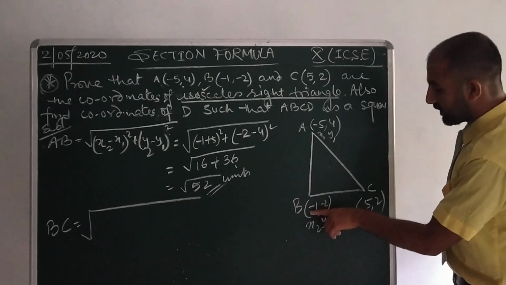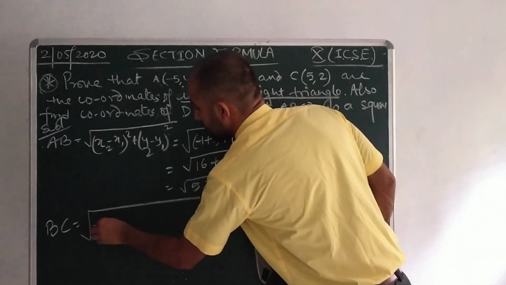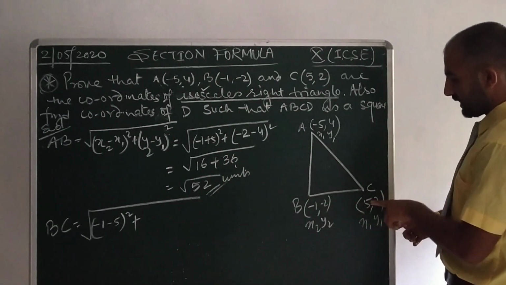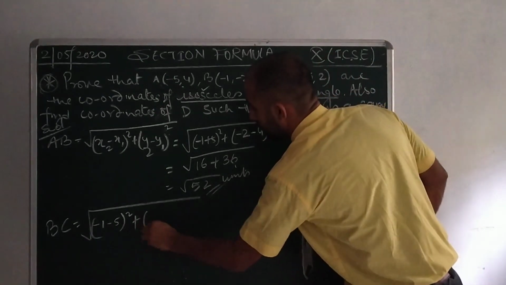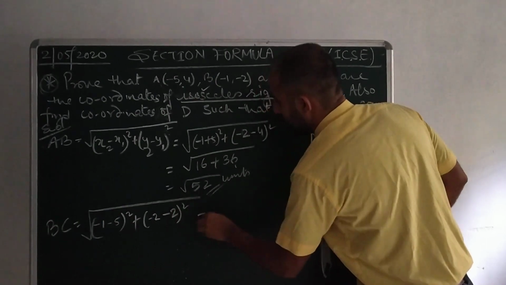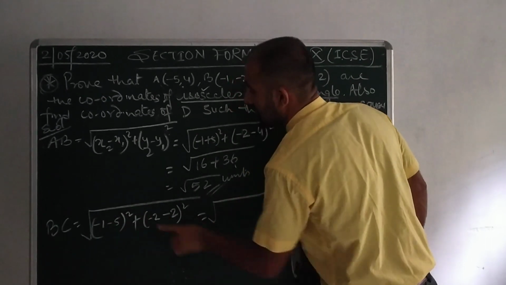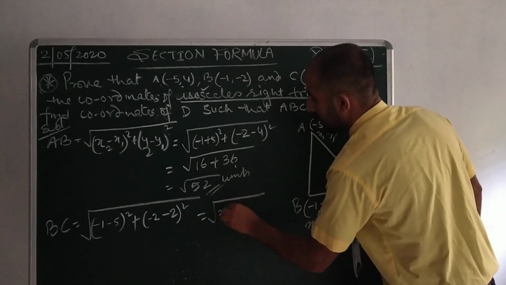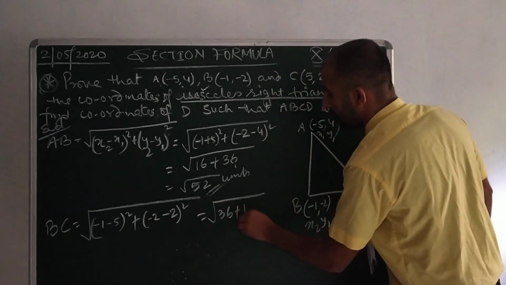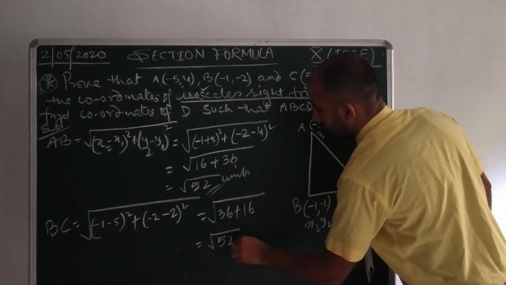So (x2 minus x1) whole square, that is (minus 1 minus 5) whole square, plus (y2 minus y1) whole square, that is (minus 2 minus 2) whole square. Minus 1 minus 5 is minus 6, whole square means 36, plus minus 2 minus 2, that is minus 4, whole square means plus 16. That is 36 plus 16, which gives you root 52 units.